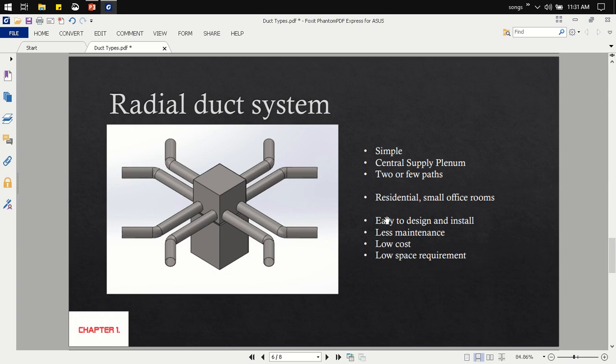In residential and small room applications these are very much ideal. Compared with other duct systems, they are easy to design and install with low space requirements, low cost and low maintenance.